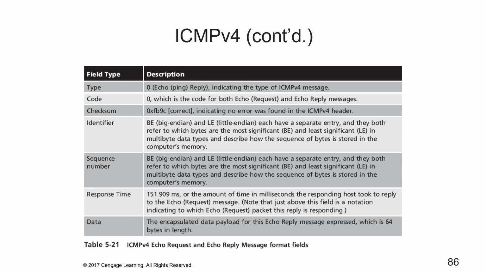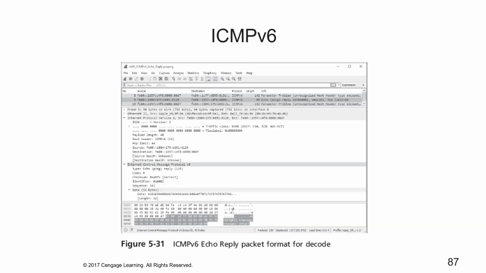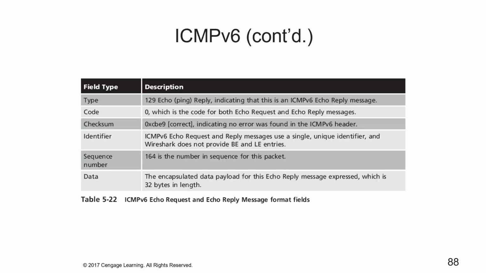And we can compare that to the known format fields for echo request and echo reply messages. And here's an ICMPv6 echo reply packet. And we can compare them to their v6 echo request, echo reply message format fields.